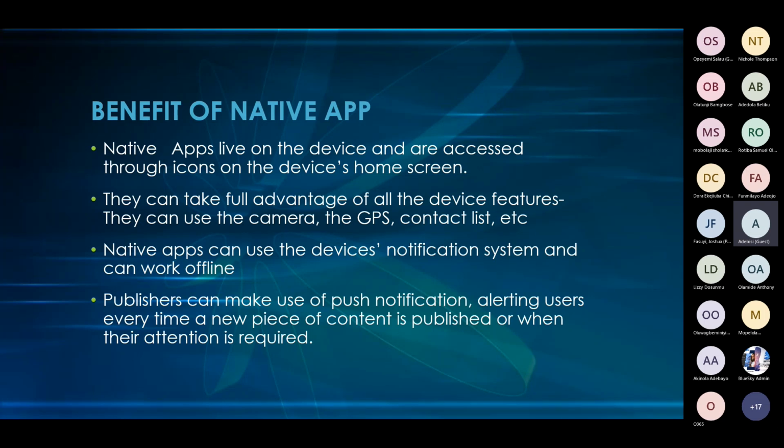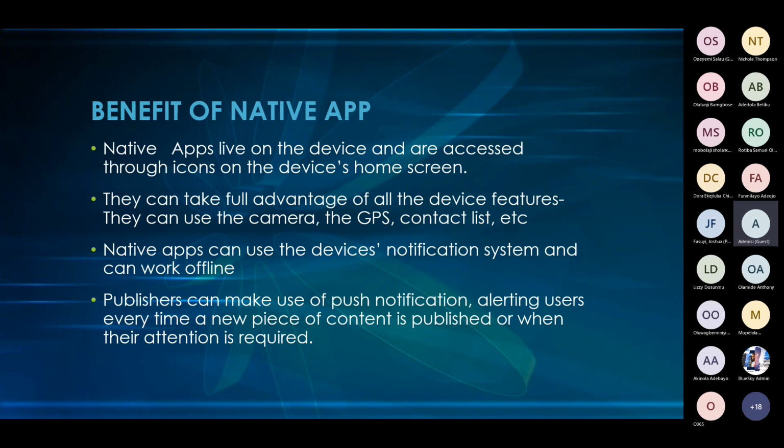Your contact list too. You can do so many things with native apps, because they take full advantage of the device's features. Also, native apps can use the device's notification system and can work offline. When your iPhone is being updated, or when WhatsApp is being updated, they will tell you, and you can update it, because the devices have a notification system.